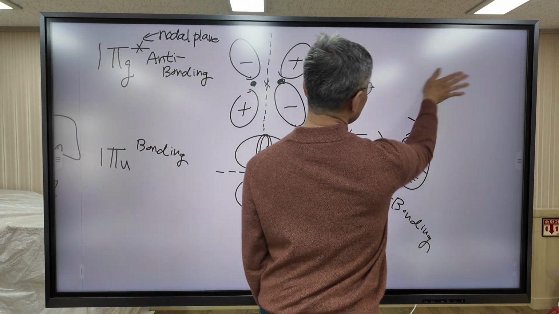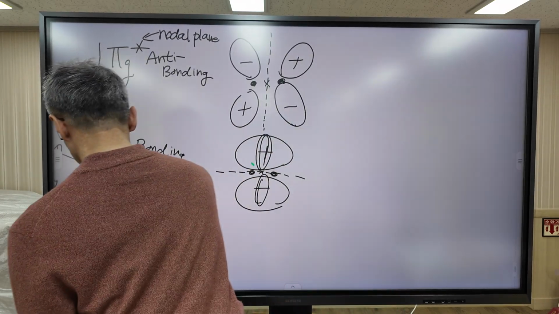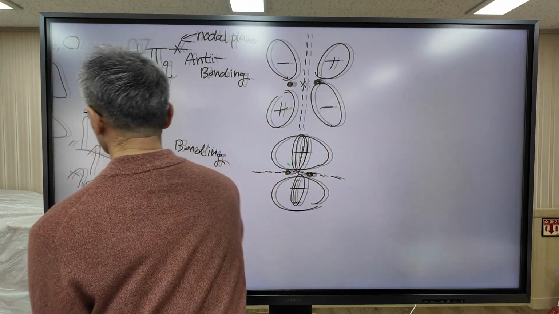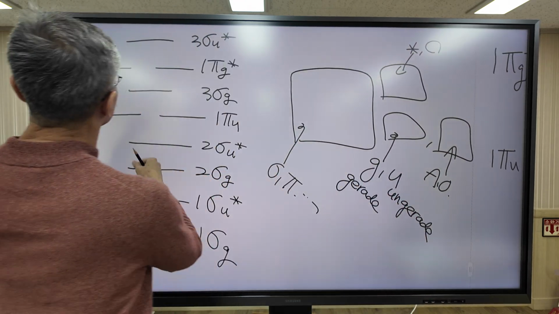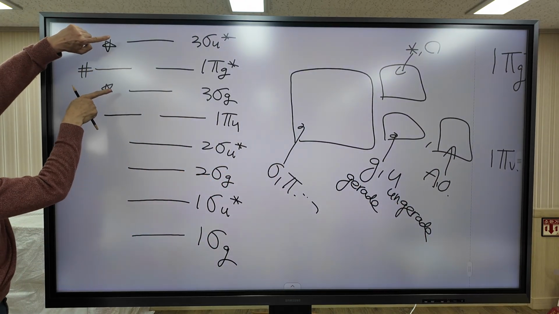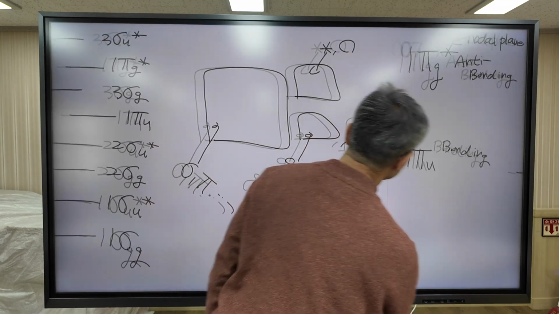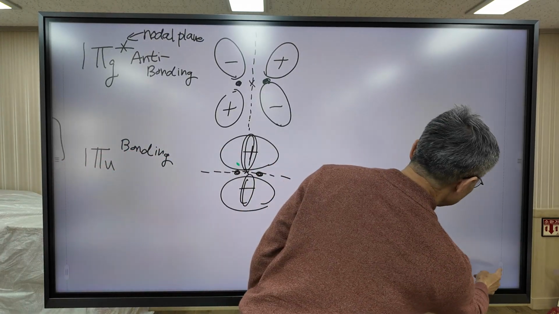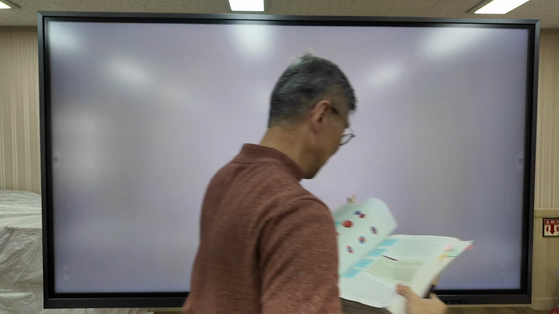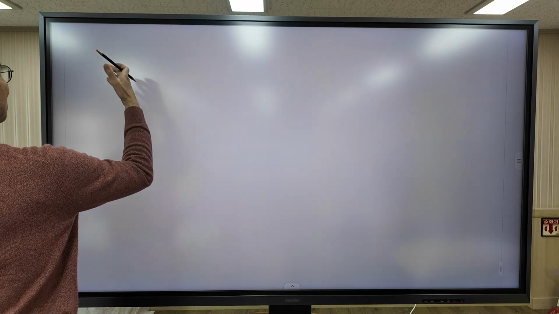I'm going to take another example. This orbital, the 3 sigma g orbital, and the 3 sigma u star orbital. Another example.